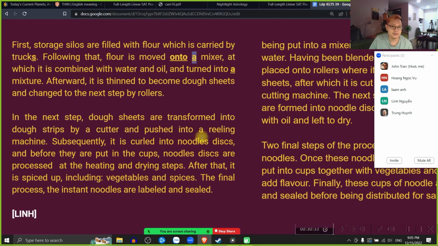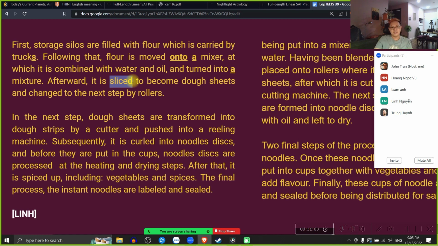So the right word here is sliced. Nó được cắt lát ra đúng. Wait, it's not sliced. Được cán mỏng ra mới đúng chứ. It is cán mỏng. Those sheets.